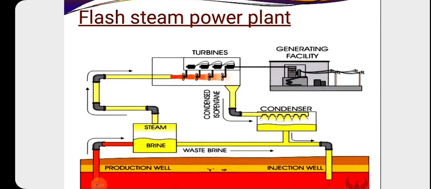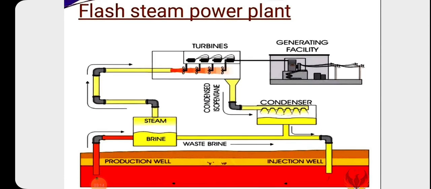The second one is the flash power plant. In this power plant, we are using a steam separator. By this process, we separate steam and water, and the steam is used to rotate the turbine.